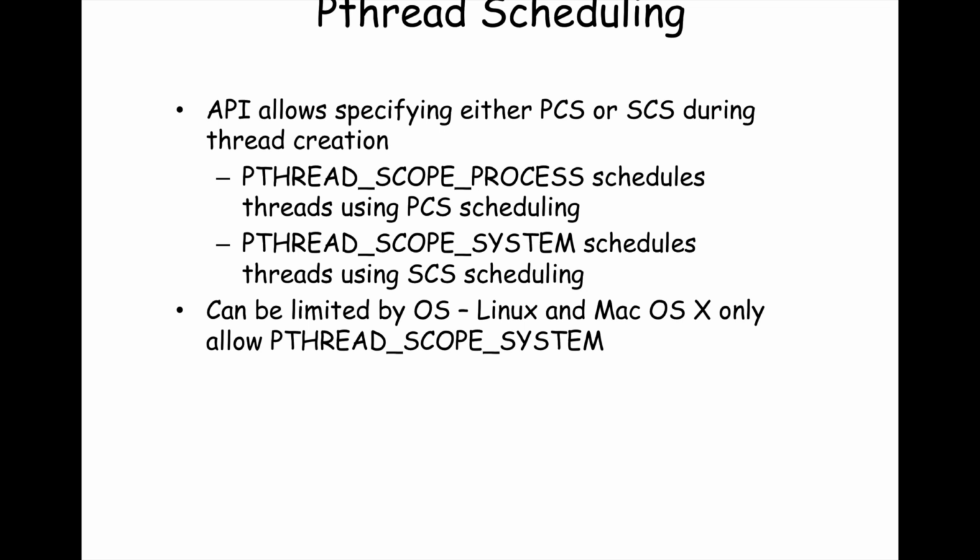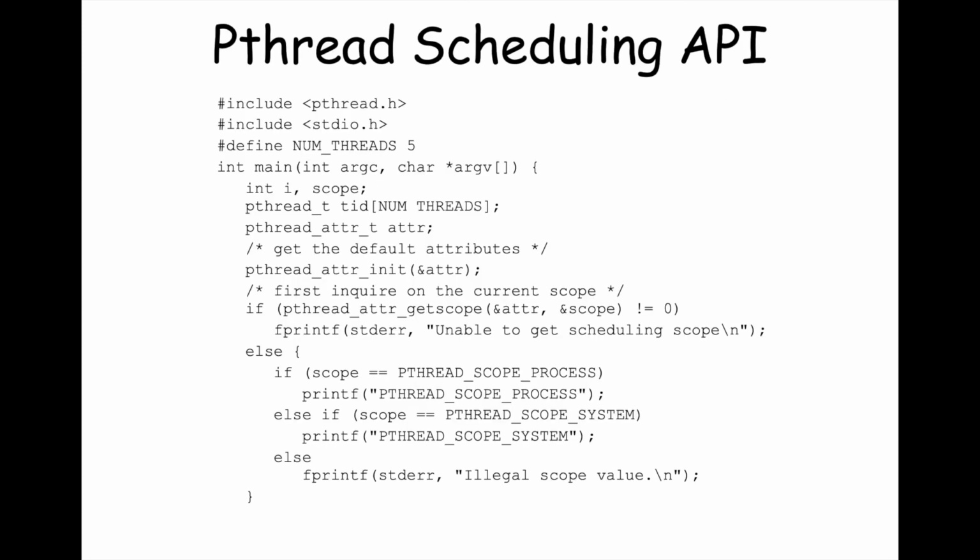The first thing you would do is get the contention scope for your thread, and then call another API to set the contention scope before you actually dispatch this thread so that it's now being considered by a scheduler, be it the user level threading system or the kernel level threading system. So in this example, we include pthread.h, the threading library for pthreads.